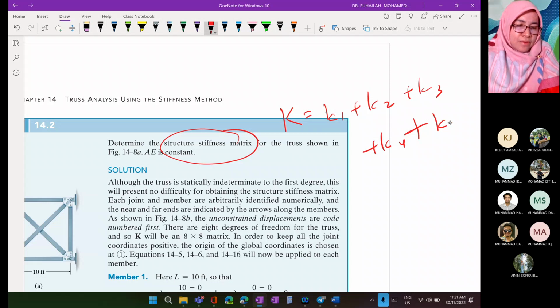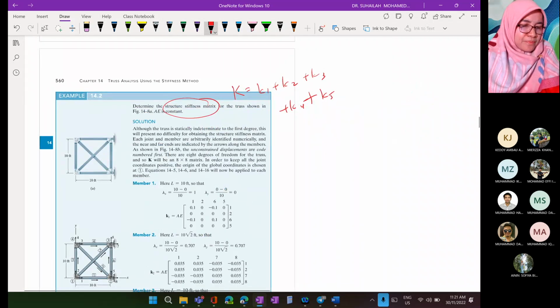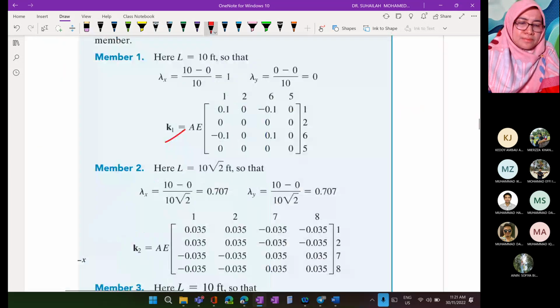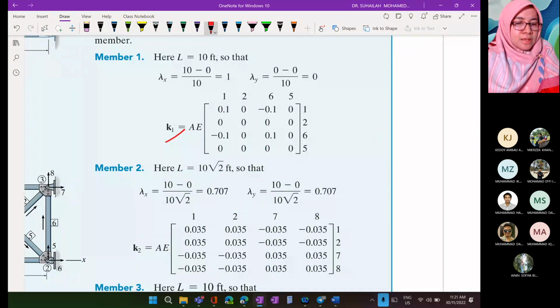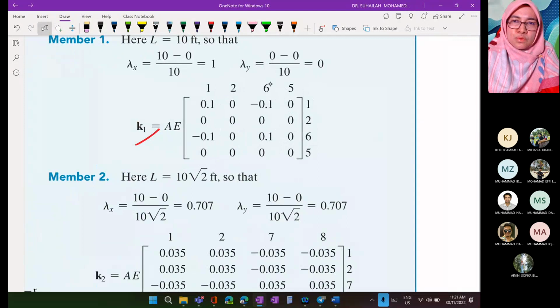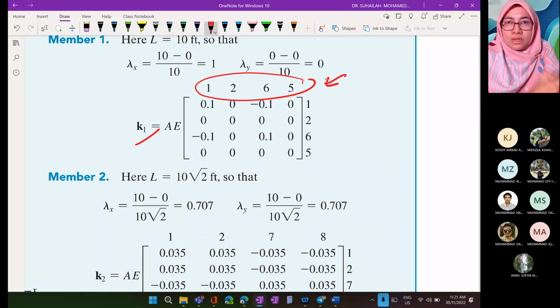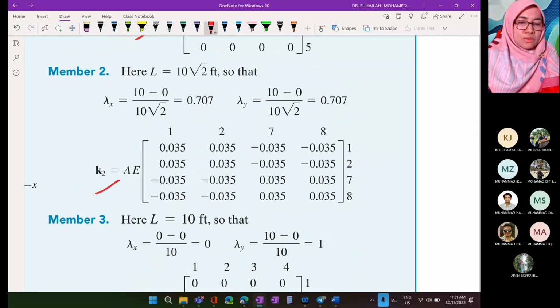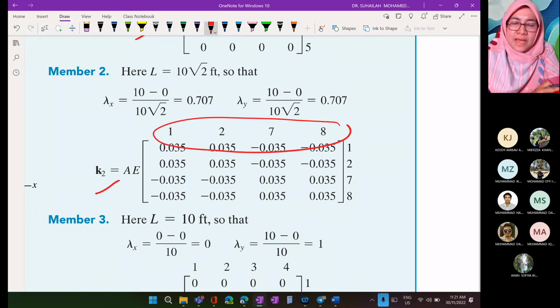Okay, so here we have K1. K1 is labeled as 1265. Okay, this label will depend on the support condition, constrained and unconstrained. Okay, and we have K2, labeled as 1278.